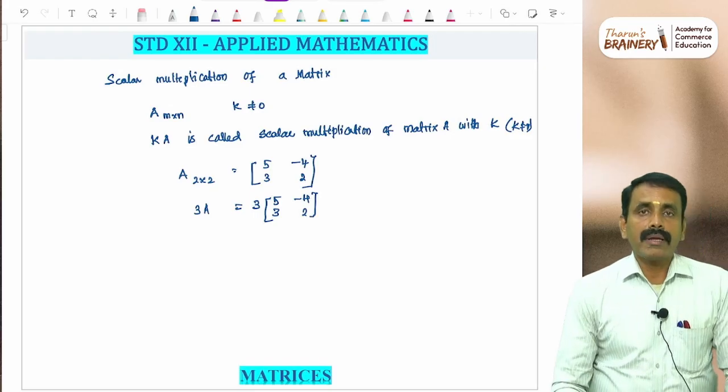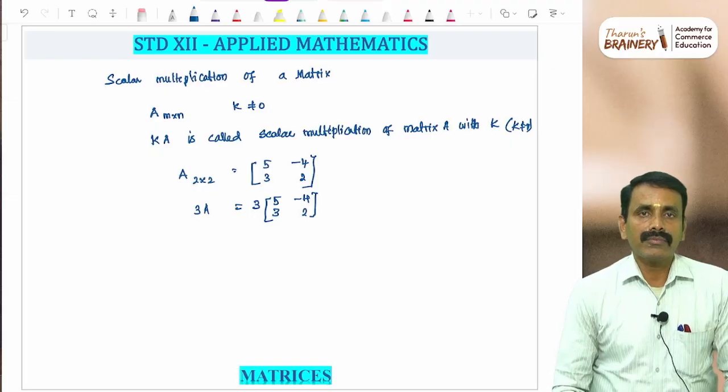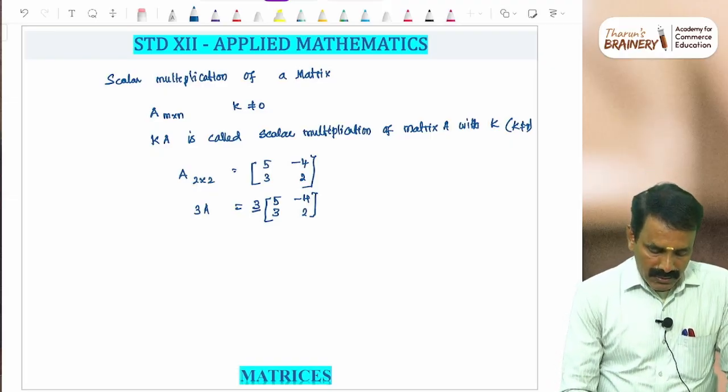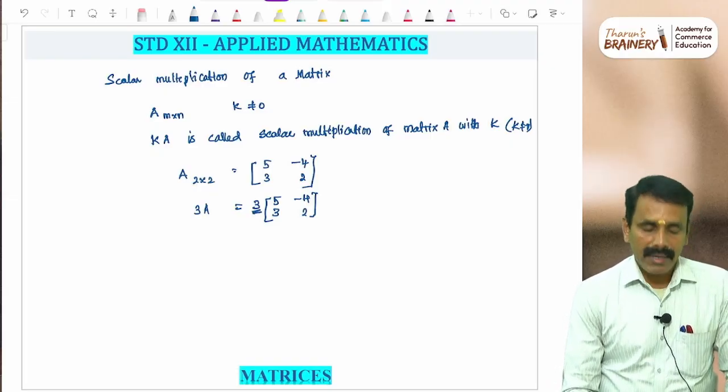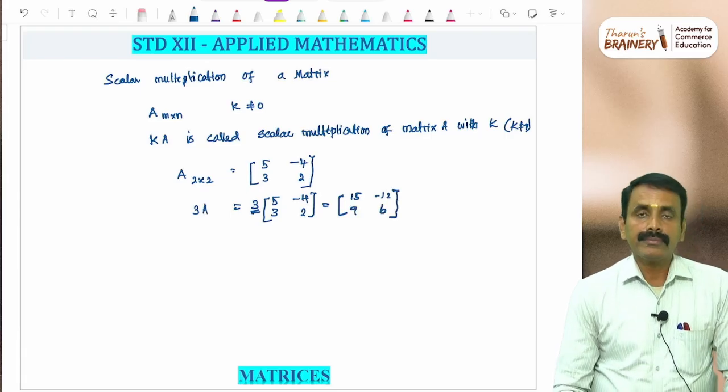How to perform scalar multiplication of a matrix? Multiply the scalar to all the elements of the matrix. We have to multiply the non-zero number with all the elements of the matrix. So we multiply 3 inside. So it is 15, minus 12, 9, 6. So this is the answer.